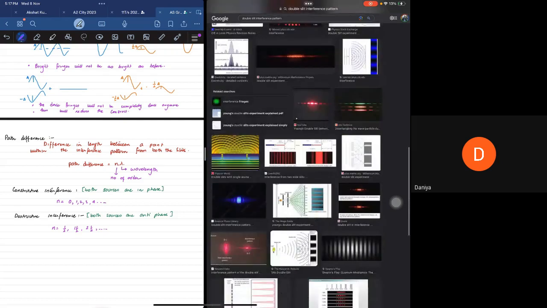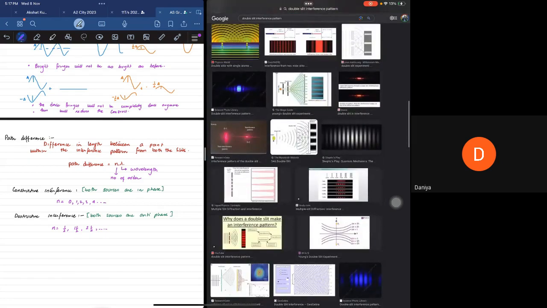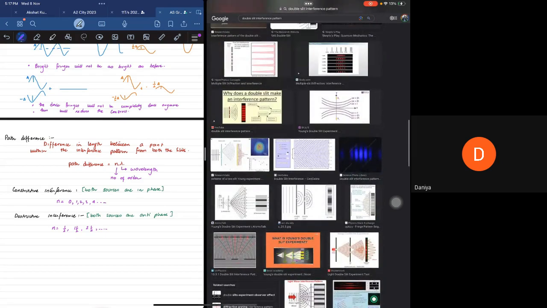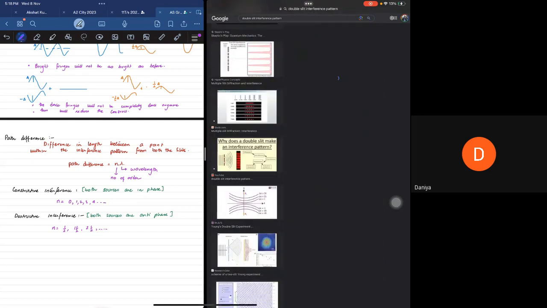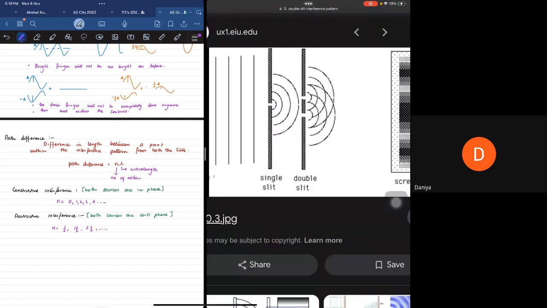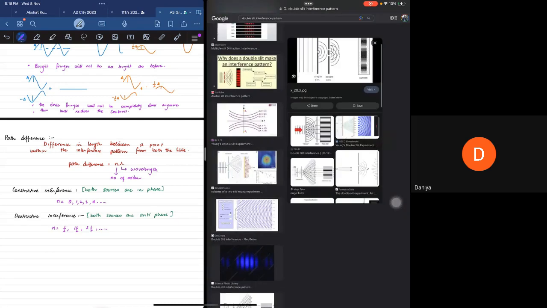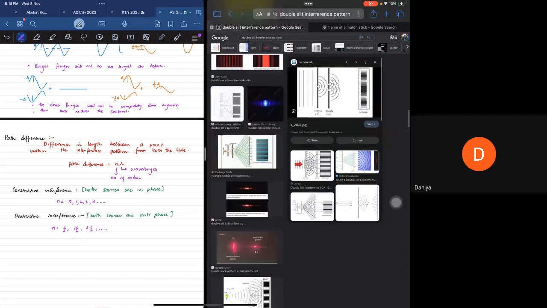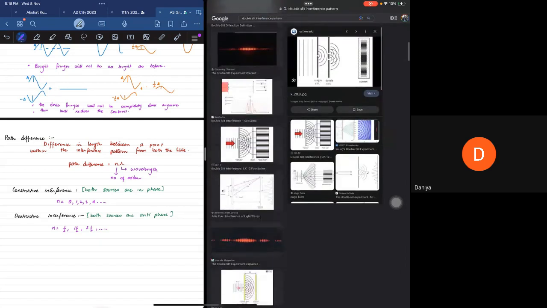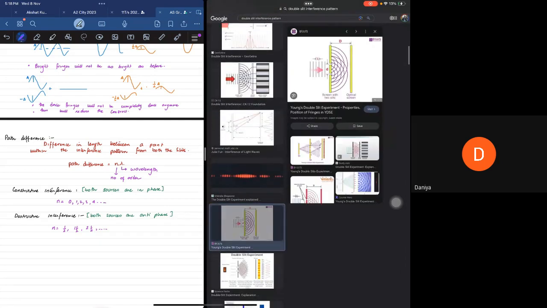Let me check a good interference pattern that we can see to analyze. Let's take this.